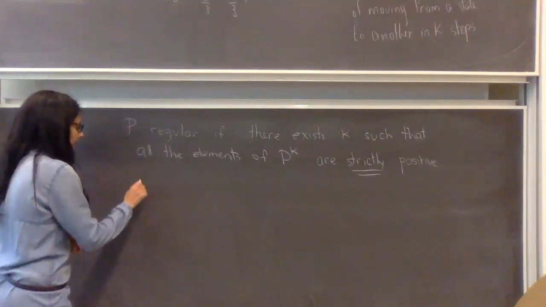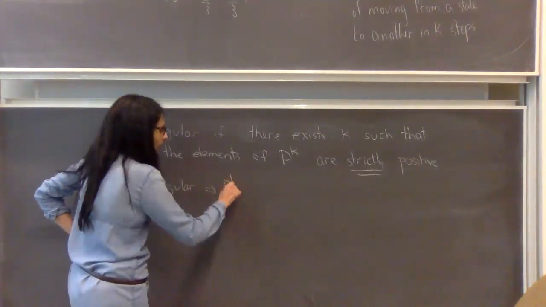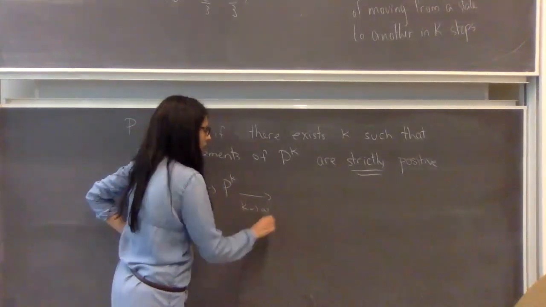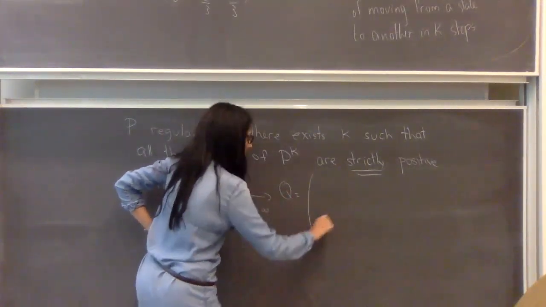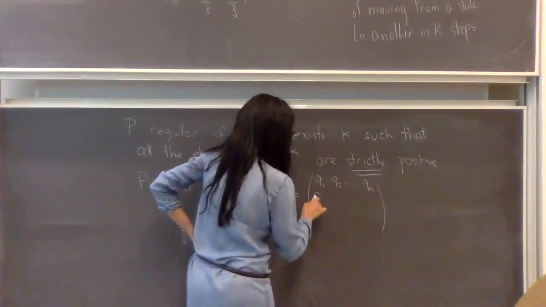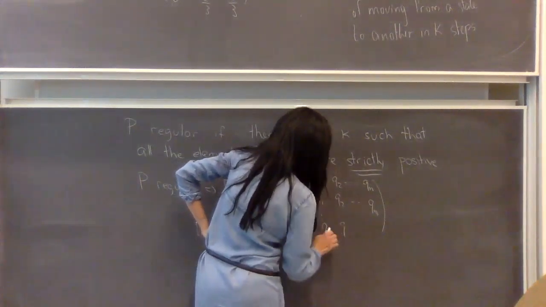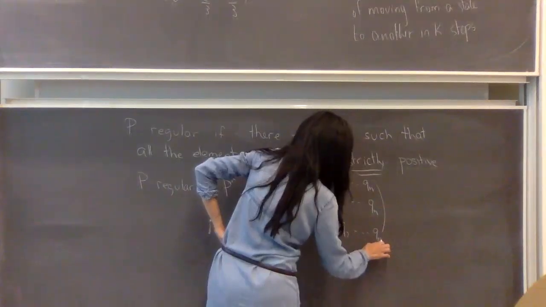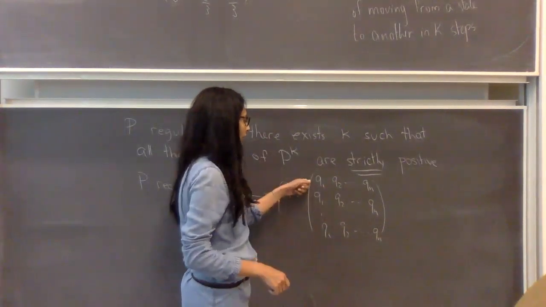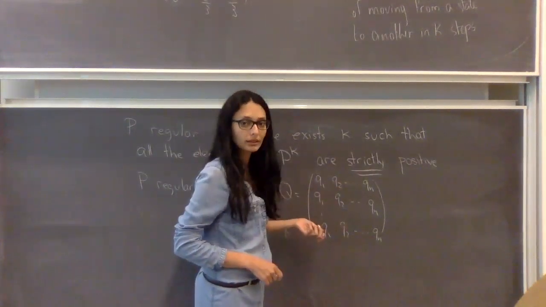In this case, if P is regular, then P to the power K will tend, as K goes to infinity, to a matrix Q which has the form Q1, Q2, ..., Qn repeated in every row. So it's the same column. It means that whatever state I start with, I will always end up in a state with the same probability.